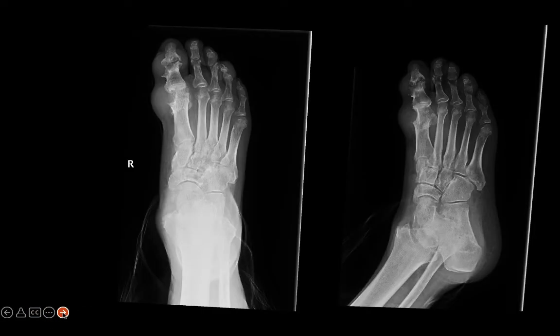All right, now gout. We're switching modes here away from non-inflammatory joint disease into metabolic forms of arthritis. And gout is a really common form of arthritis. This is a deposition disorder. Patients basically have a defective xanthine oxidase enzyme to help break down purines.